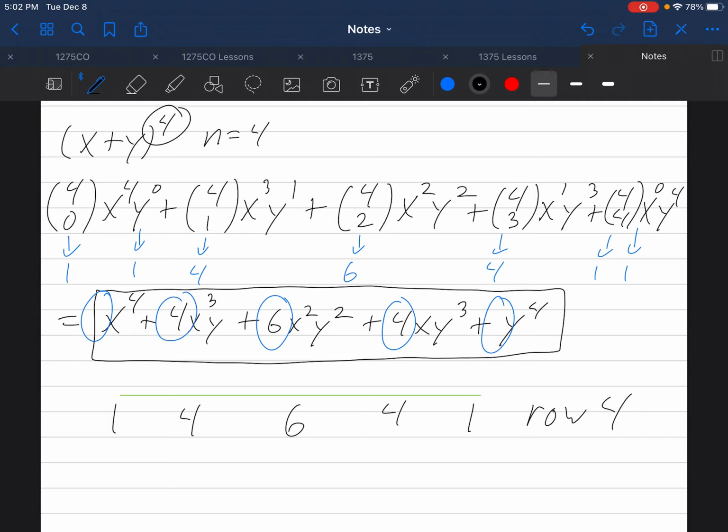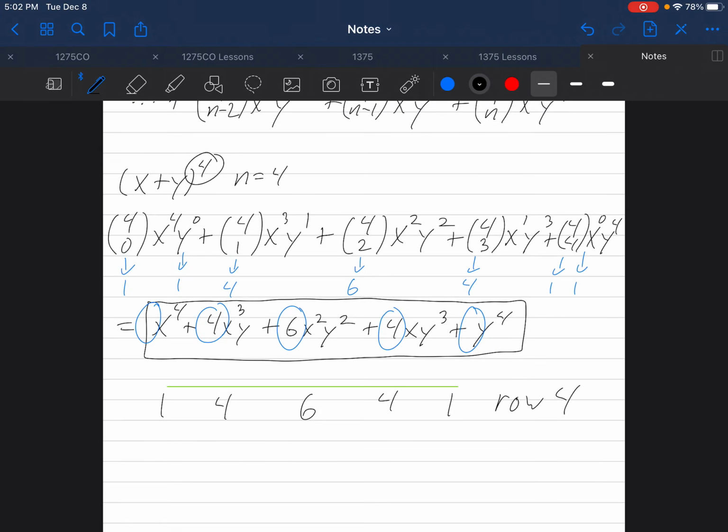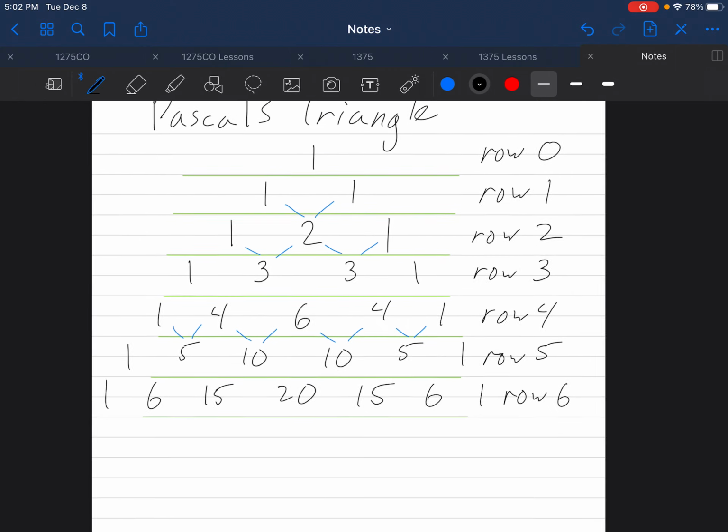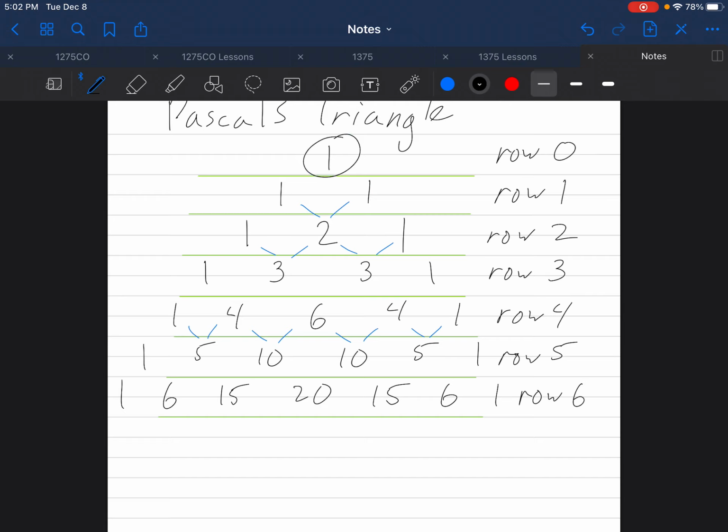So there is a correlation here between the numbers that you see in Pascal's triangle and the coefficients that you're going to see on a binomial expansion of any number, really. But the caveat is that the top has to be declared as row 0. That's why I called it row 0.